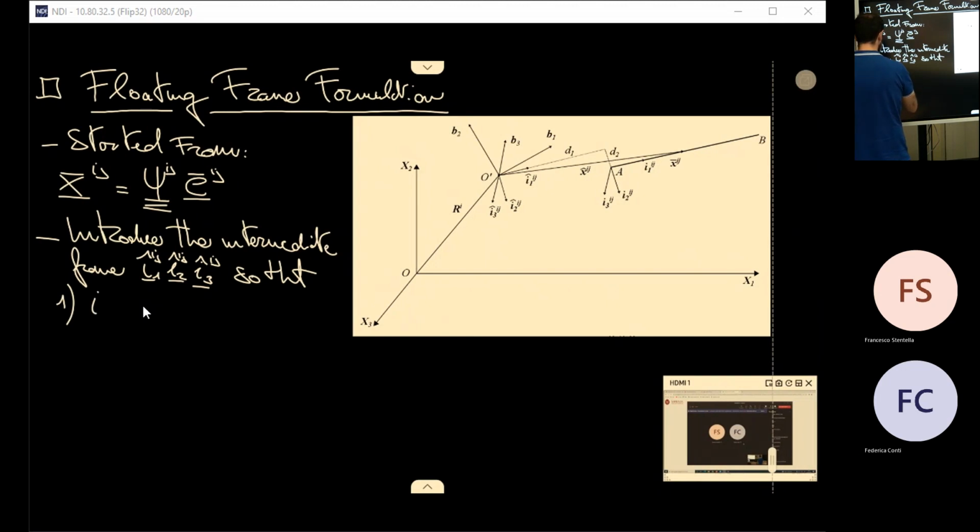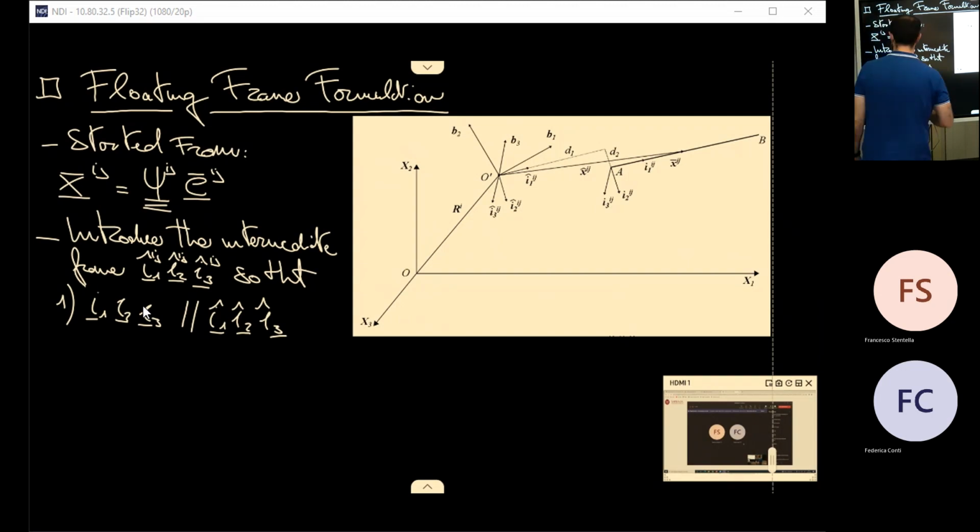So I1, I2, and I3, sorry, the original element frame and the new intermediate frame are parallel.